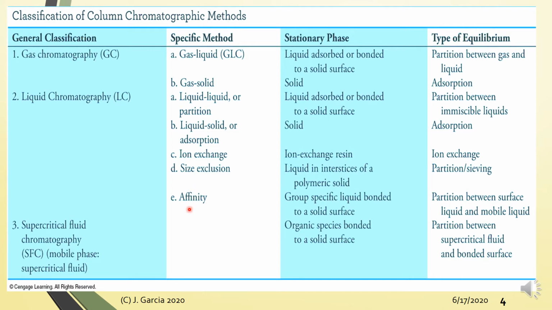Yeah. So in liquid chromatography, actually, if you have, for example, a racemic mixture, and you're just using, say, liquid-liquid or liquid-solid chromatography, you won't be able to separate a racemic mixture, no? Because as we all know, enantiomeric pairs have the same physical properties.